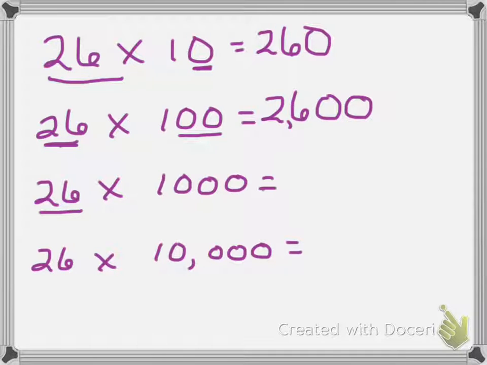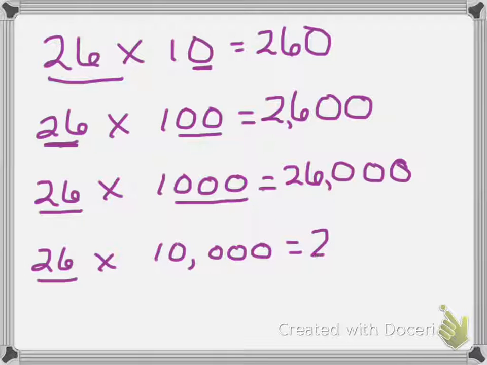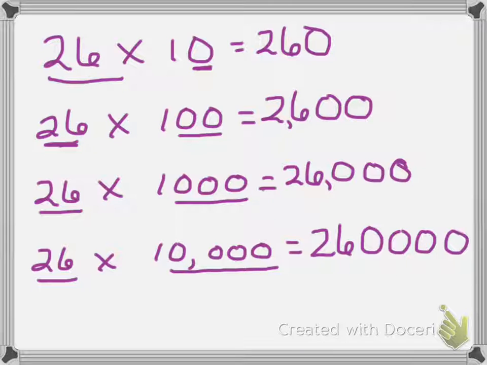Here, when I multiply times 1,000, I'm going to add all 3 of my zeros here to get 26,000. And you can keep going on. Remember what I say in class is that math is full of patterns, and what you want to do is find the pattern, and then math will be so much easier for you. So if I multiply it by 10,000, I have 4 zeros, so I'm going to add 1, 2, 3, 4 zeros to get 260,000.